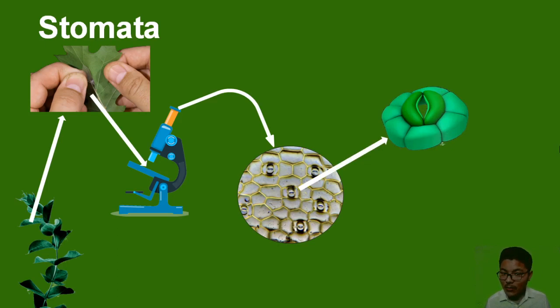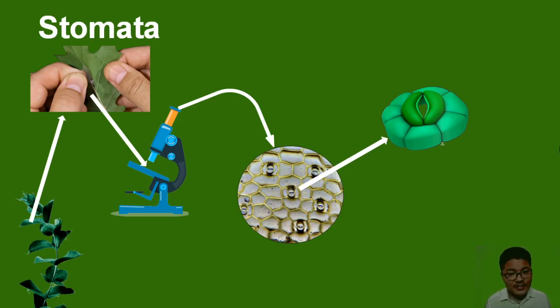A tiny pore surrounded by two red bean-shaped cells called guard cells. And around the guard cells we have other epidermal cells.